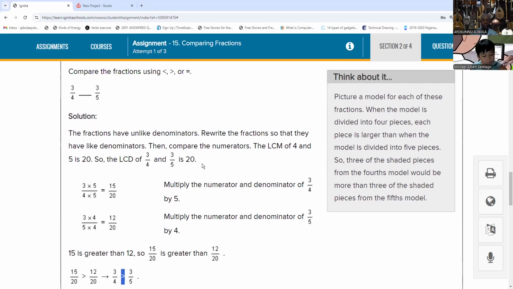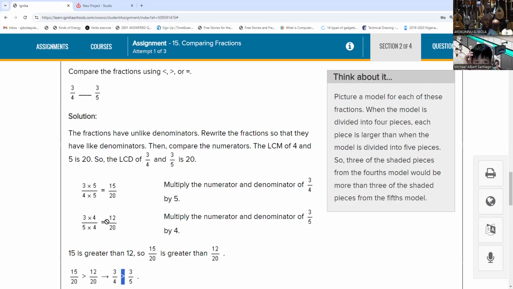In order to do the common denominator method, we can say, what is the lowest common multiple of 4 and 5? That is 20. So 4 in 20, that is 5. 5 times 3, that's 15. That's why you see 15 over 20 here. And 5 in 20, that's 4. 4 times 3, that's 12.